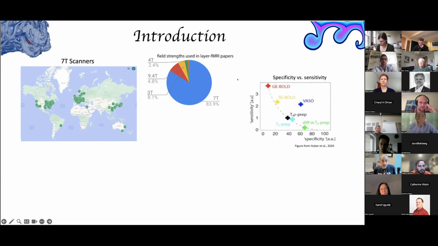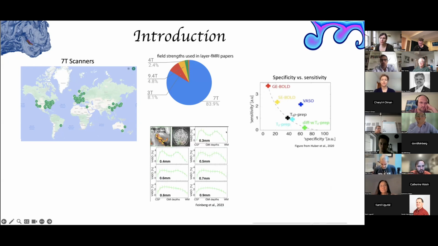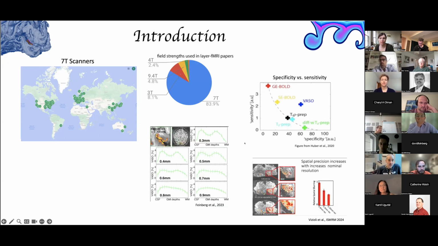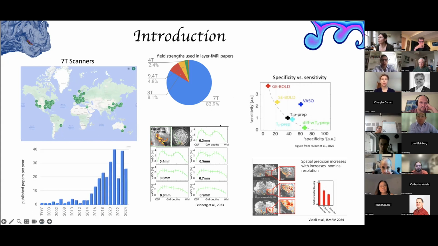What's the optimal acquisition strategy, if there even is one, revolving around the specificity versus sensitivity debate? And what is the ideal resolution to image layers? Is there a limit to the functional resolution, nominal versus functional resolution, and what is the impact of the resolution in separating the subtle responses across cortical depths or layers?